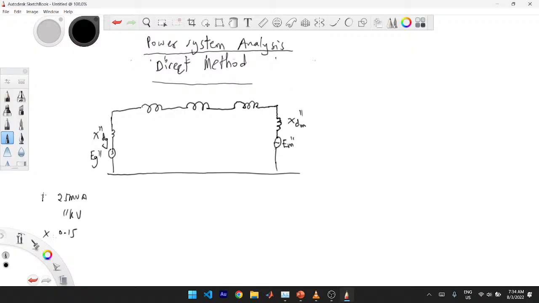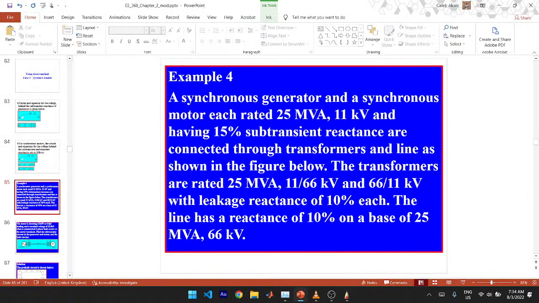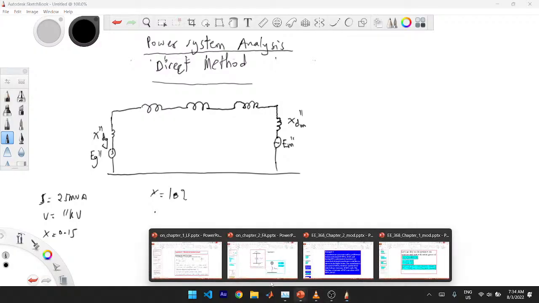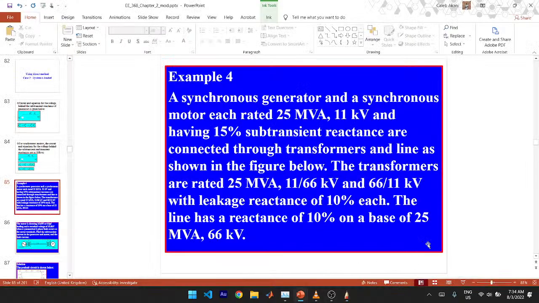This is the S, this is the V. The transformers are also rated 25 megavolt amps, 11/66 kV, with leakage reactance of 10%. So when the transformer is 10%, the X is 0.1. I'm going to be quick, so just refer to the question for the parameters. You can see that they all have a base MVA of 25, right?